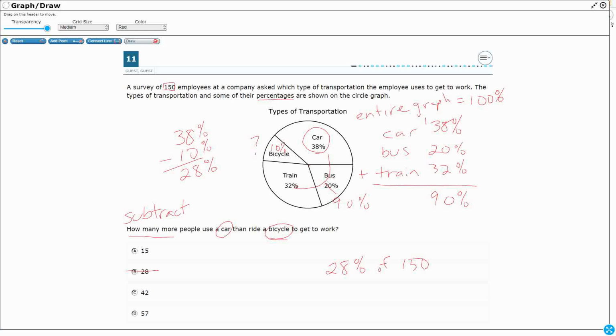So let's think about different ways to do that. We could set up a proportion. Honestly, I find it easiest just to change that into a decimal, right? 0.28, and then just multiply. 28% is the same as 0.28. So that's going to be 0, that's 40, that's 120.